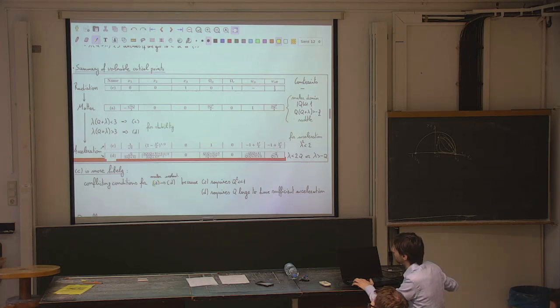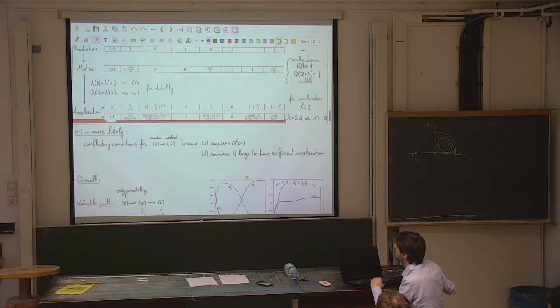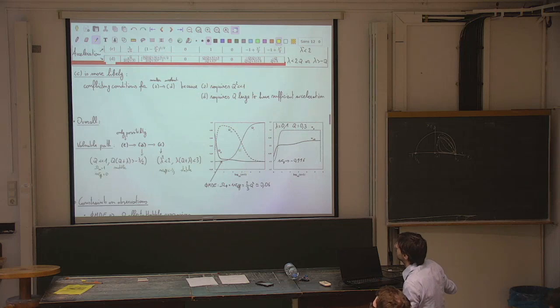And therefore, the point C is the more likely one. You don't need specific fine-tuning, and you don't have conflict between these two criteria, and for example, the one of matter domination. So with C, it's very easy to get your lambda. You see omega phi is -1 plus a difference, and everything works perfectly. So that's our universe, which in the end looks like this.